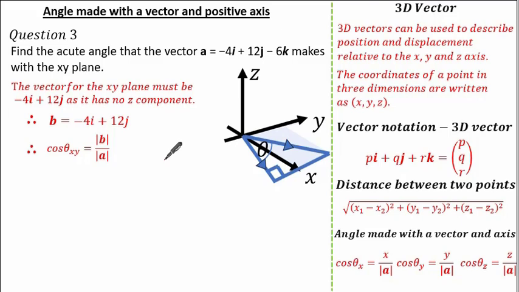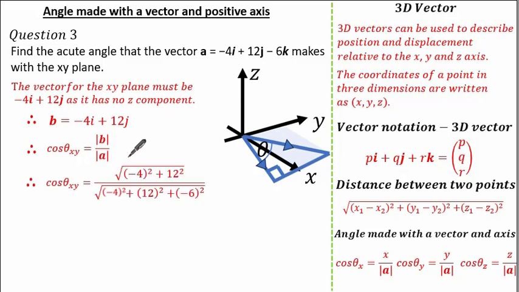So let's substitute what we know. Well, we know the magnitude of b would be minus 4 all squared add 12 all squared, and then square root, over the magnitude of a, which would be minus 4 all squared add 12 all squared add minus 6 all squared.